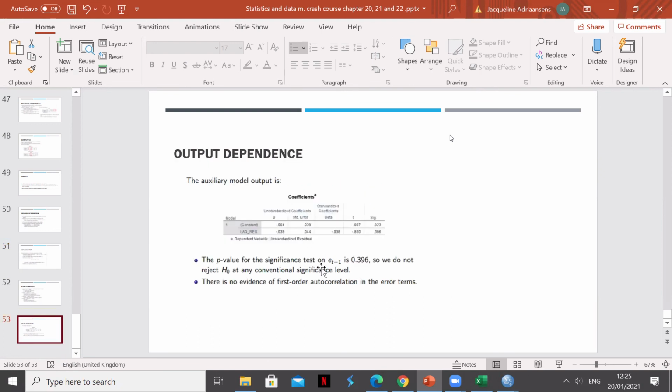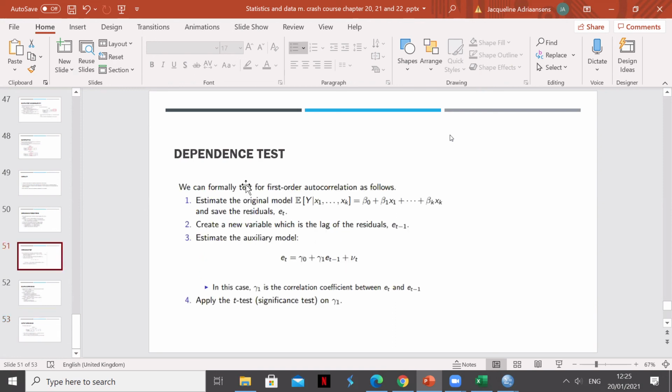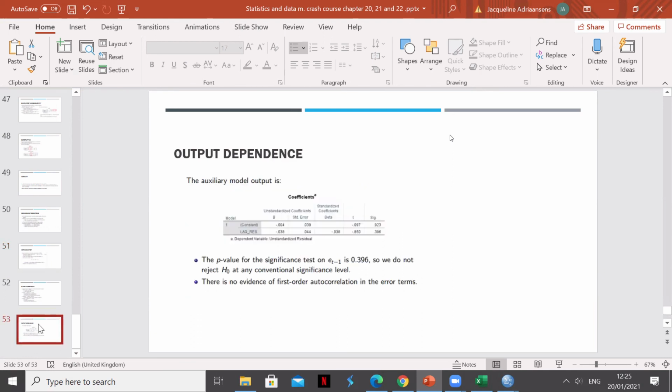But as we say here, we don't reject H0, and there is no evidence of first order autocorrelation, which means dependence; first order autocorrelation is just a different word for it. I wrote it down here, I think. You need to know that word, by the way.